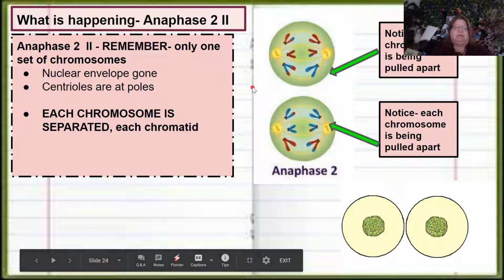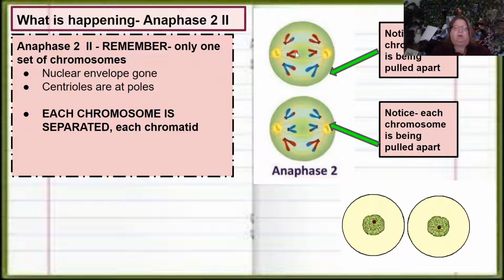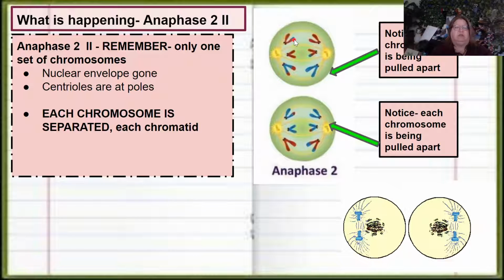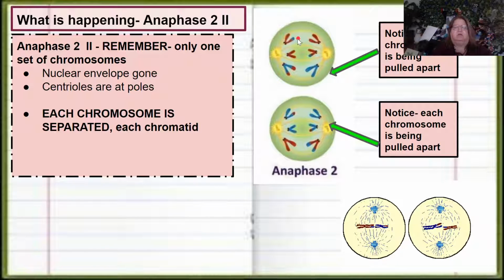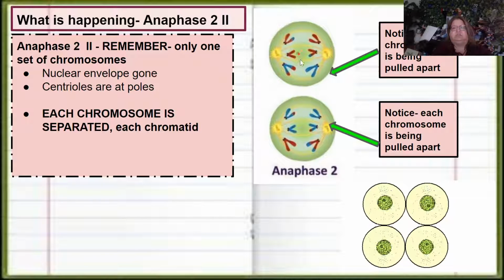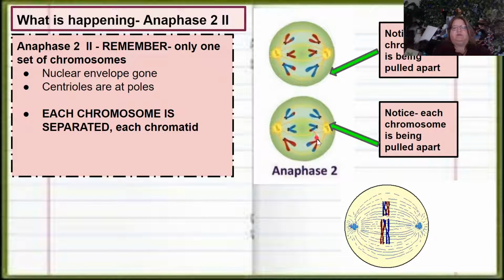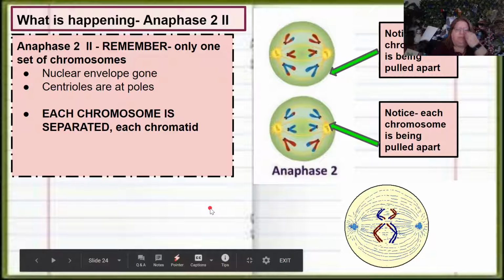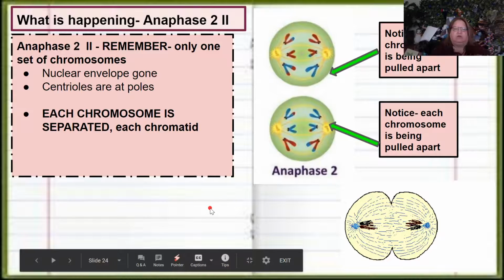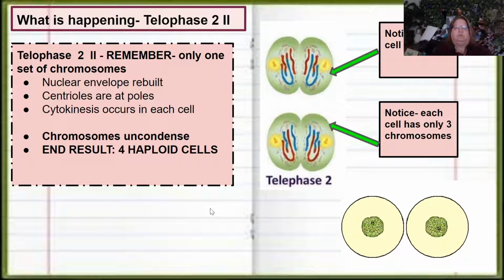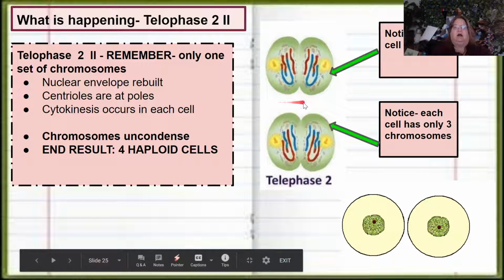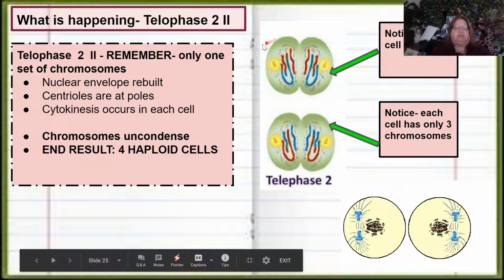So the chromatids are getting pulled apart, and now each chromatid is called a chromosome. And so now we have 1, 2, 3, 4, 5, 6, 1, 2, 3, 4, 5, 6. But they're going to be split into 2 daughter cells, and that's where we're still going to get half the chromosomes in each of the daughter cells.